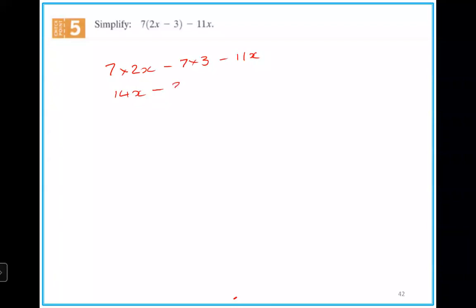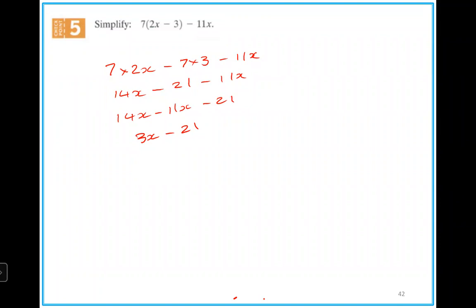Okay, let me put a 21. So 14x minus 11x minus 21. And then I said 3x minus 21. Okay, so that's it. Okay, thank you.